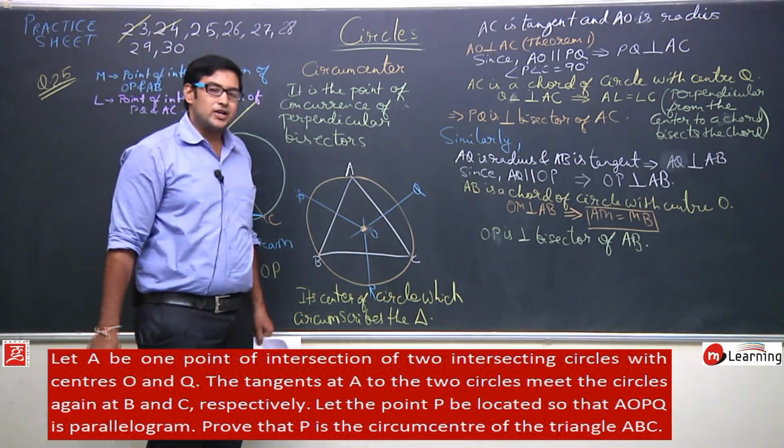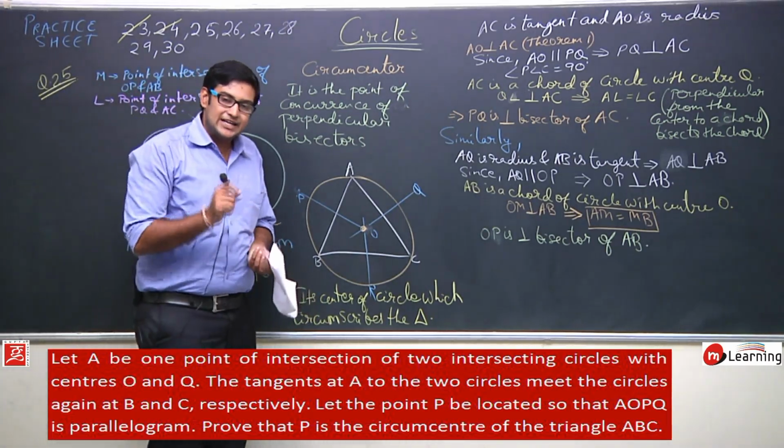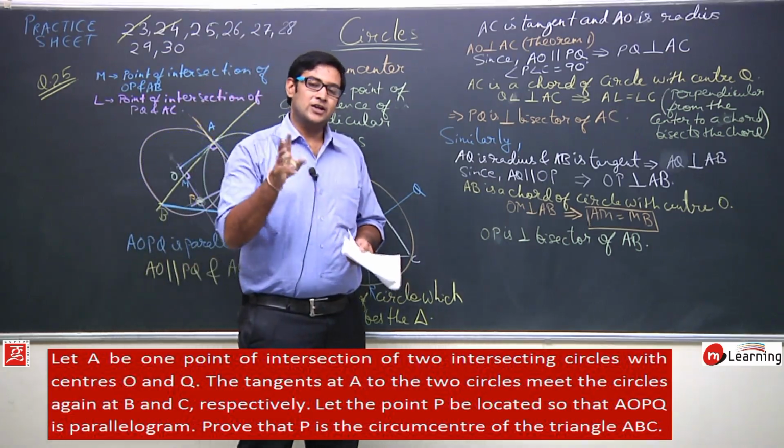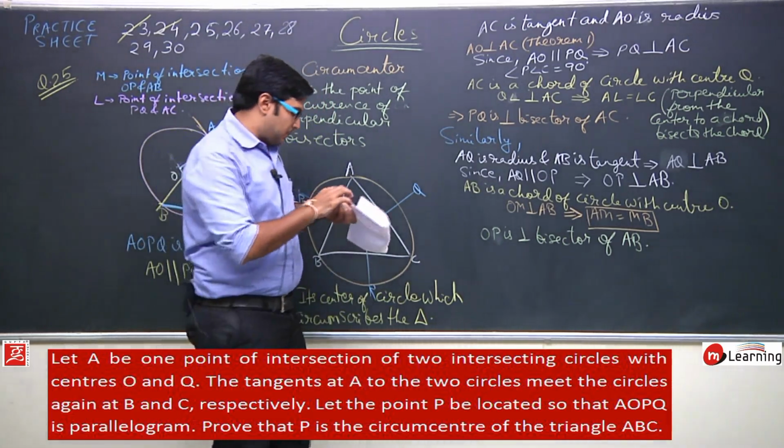So what is point P? P is basically the intersection of two perpendicular bisectors of a triangle.